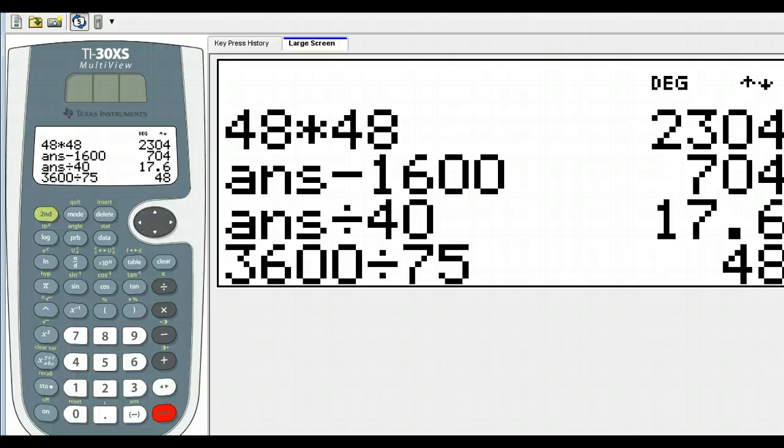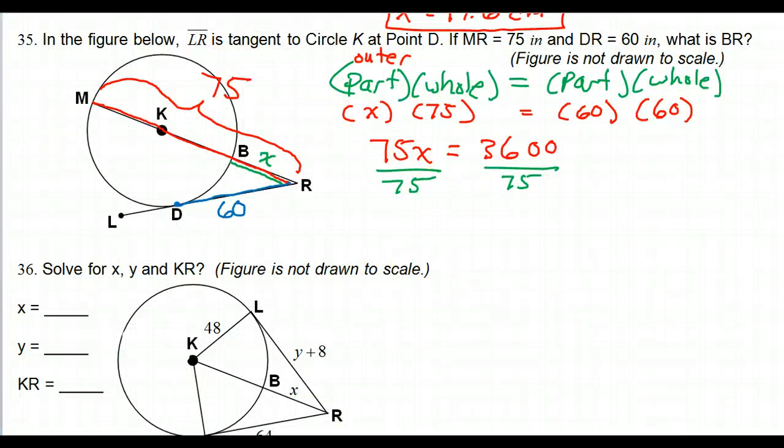That's 48. So that's our BR. So that's answer number 35.